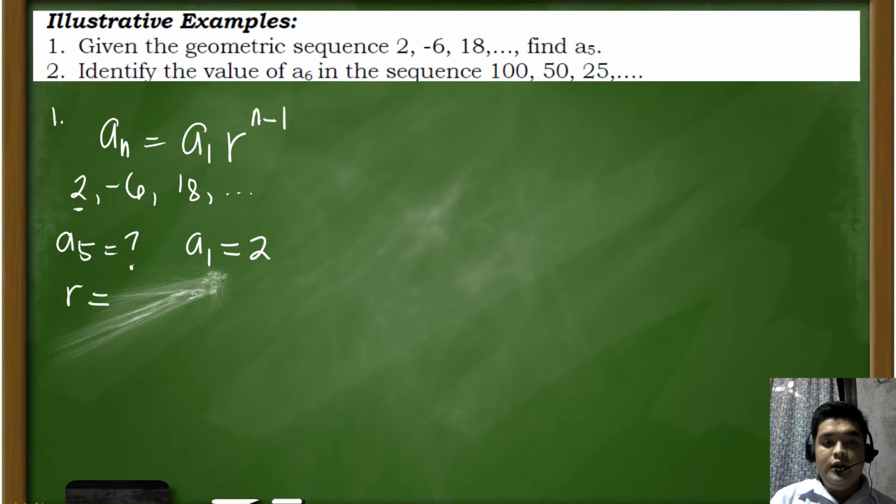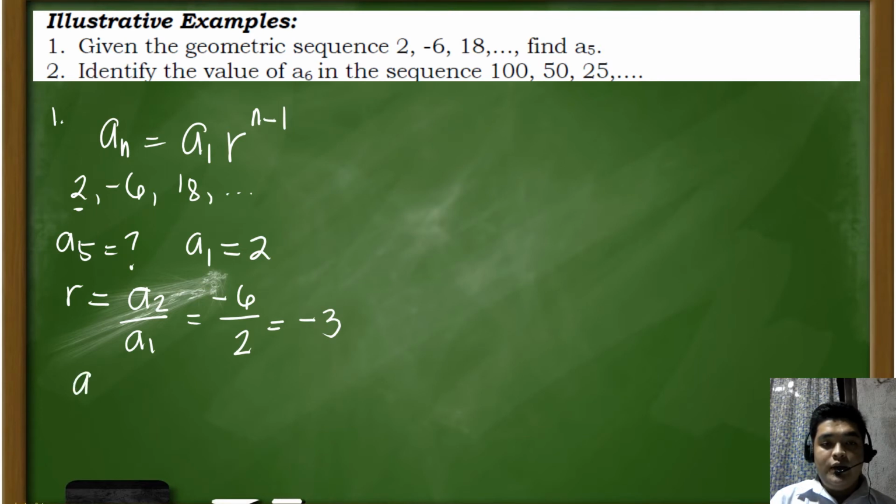To get r, we divide the second term by the first term. That is negative 6 over 2, so r is negative 3. A negative number divided by a positive number is negative. Let's substitute.